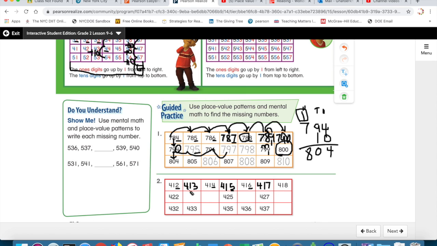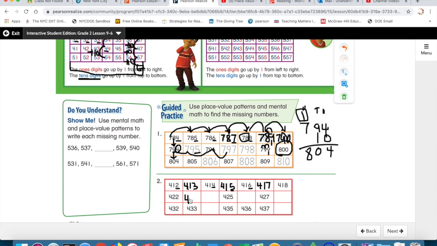Now the next row, you can do this several ways. You can do the same thing by counting to the right, or you can count down to help you out. So let's try down. Since we did this one to the right, let's try down and see what happens, okay? So 413. I now want to go down my hundreds chart. Remember, when we're going down we're looking at our tens digit. So 400 stays the same because I'm looking at my tens digit. What will happen here?